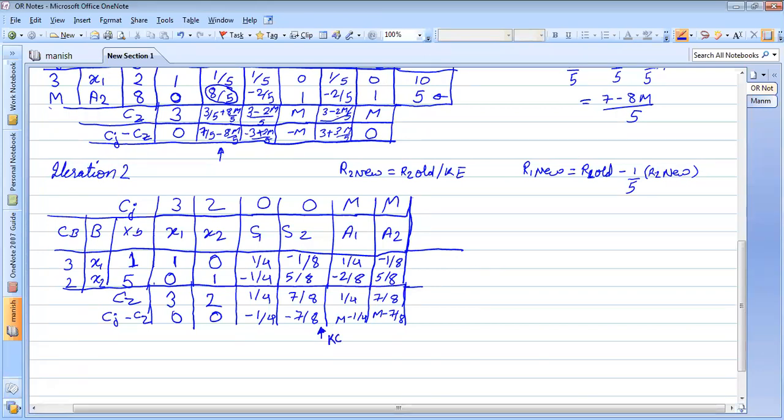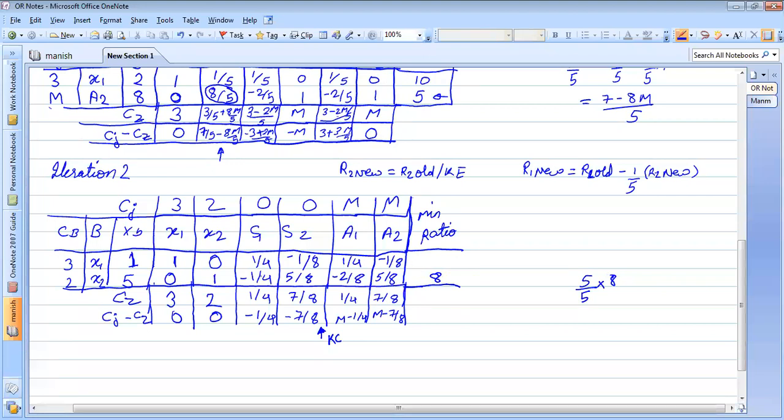Again, we have to calculate the minimum ratio. 5 by 8 divided by 5 by 8 will be equal to 8.